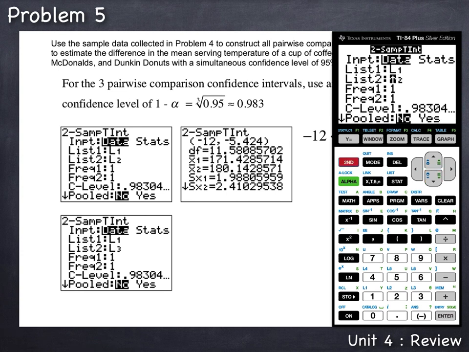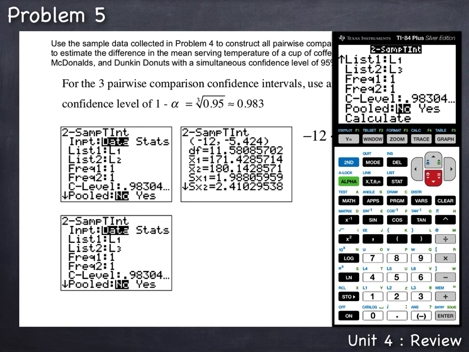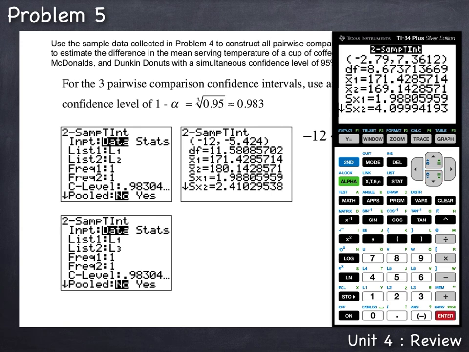Second 3 brings up list 3 next to our list 2. So now we're comparing the list 1 sample to the list 3 sample to get the confidence interval estimate for the difference between the first population mean and the third population mean. Everything else is the same, so we just down arrow to Calculate, press Enter, and we get our results.